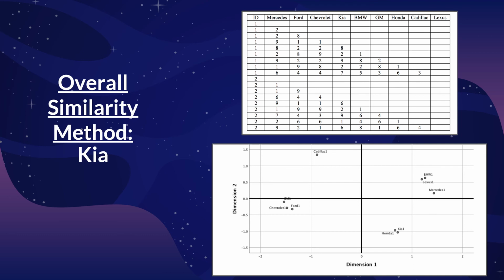Considering that Cadillac, Lexus, BMW, and Mercedes score higher on this dimension, with Honda, Kia, Ford, Chevrolet, and GM more towards the lower end. Then dimension 2 could possibly be interpreted as whether or not the brand is perceived as American or foreign. If Kia was not satisfied with where it was positioned relative to other brands, rebranding efforts or adjustments to the marketing mix could be considered.